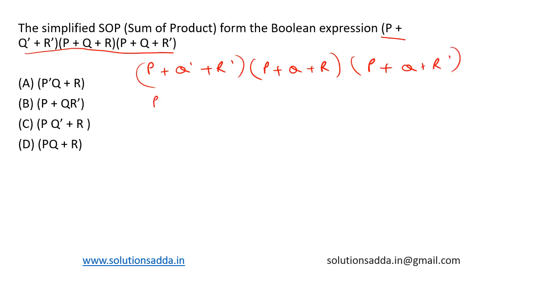P into P we have P, plus PQ, plus PR, plus PQ bar, plus Q bar into Q is 0. Then we have RQ bar, plus PR bar, plus QR bar, plus R bar into R is 0.